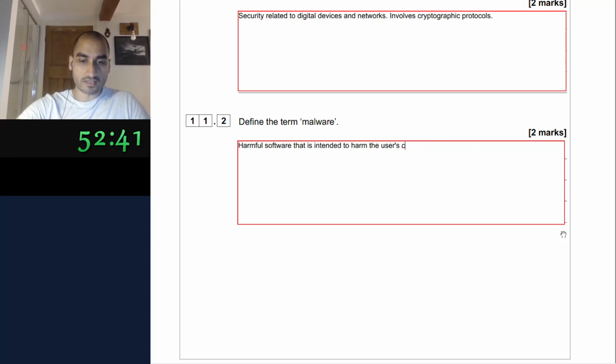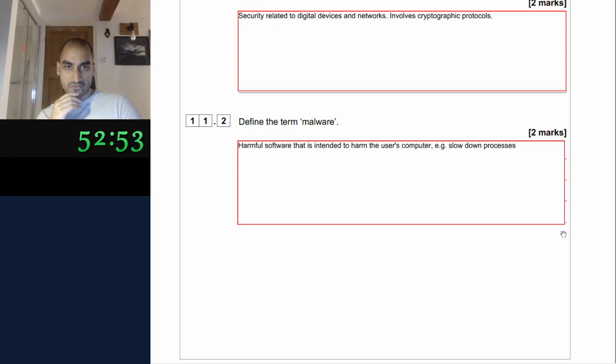Well, this is computer science, so let's say computer, e.g. slow down processes. I wouldn't say steal data, because that seems more like virus than malware. Malware is kind of just, or maybe that would be considered malware, I don't know.